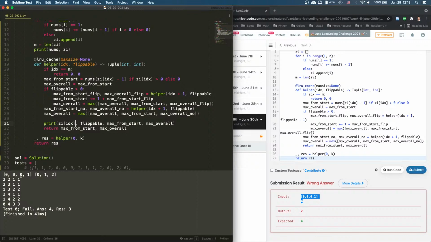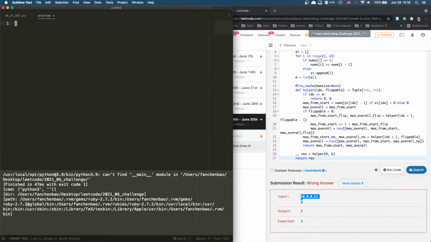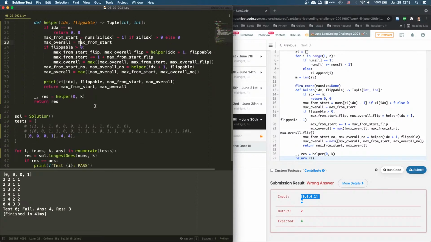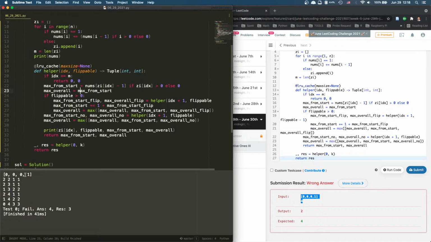Max from the start is 1. Yeah, let's not print zi, it's polluting my eye. Hold on, this does not feel right. Oh, I did not count the last one, I think.